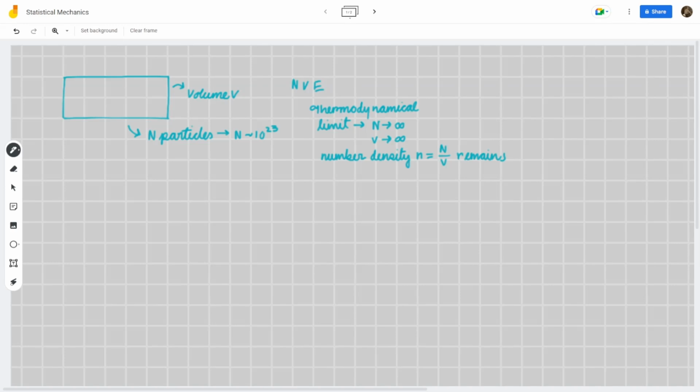Now, in this thermodynamical limit, what we have seen is that the extensive properties are directly proportional to the size of the system.